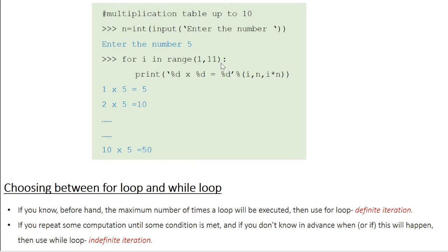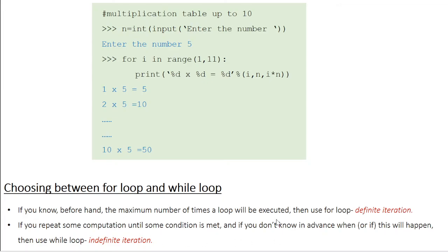So basically you are creating a list of 10 elements. In other words, the number of iterations is 10. So if you know beforehand the number of iterations inside the loop, in other words, if you are doing a definite iteration, then you can use a for loop.